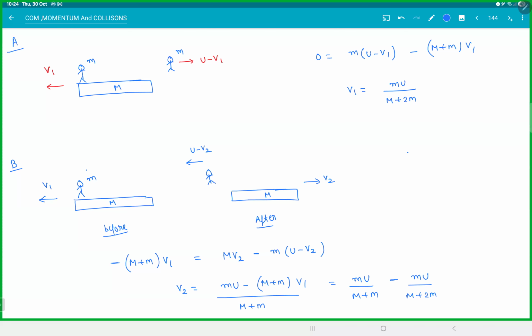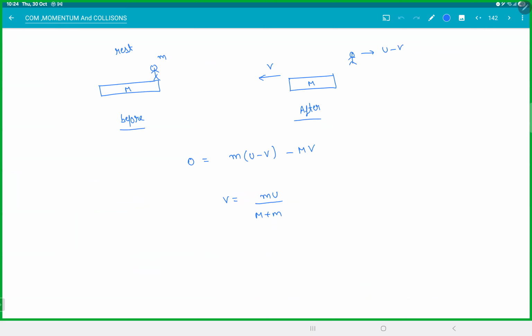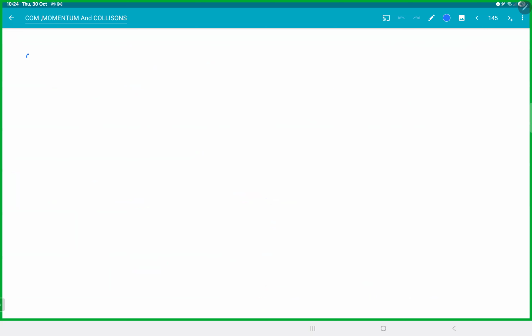Stay with us. So that's a little about jumping and everything. Same thing, there is another variation of this. Instead of jumping, they can ask questions like this also. They will say there is a platform and there is a cannon. Inside this, we have a cannonball of mass small m.